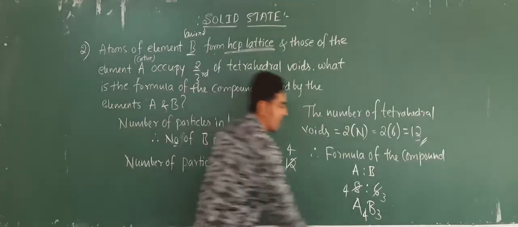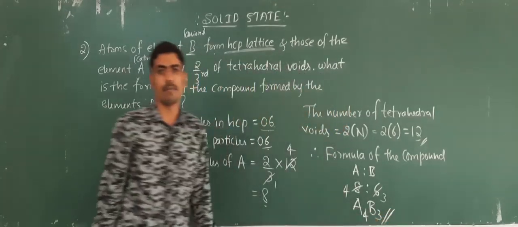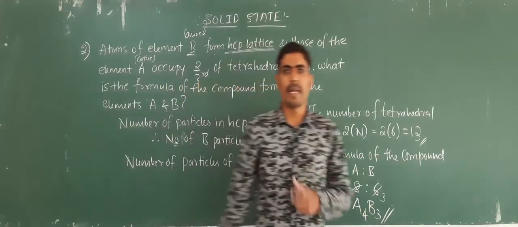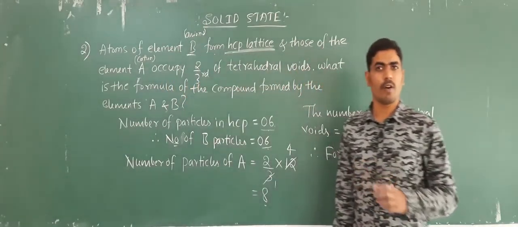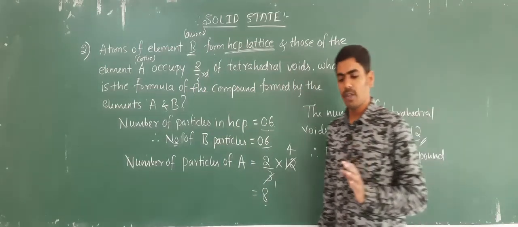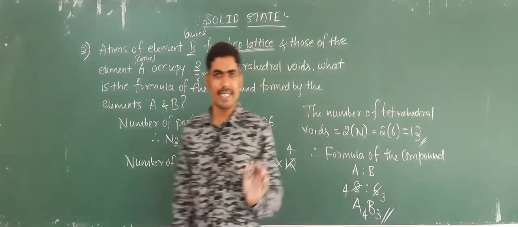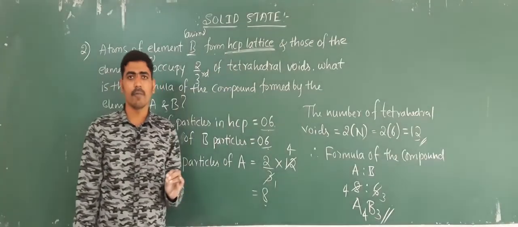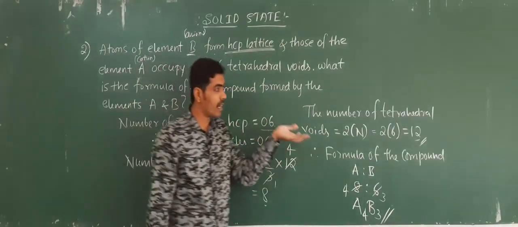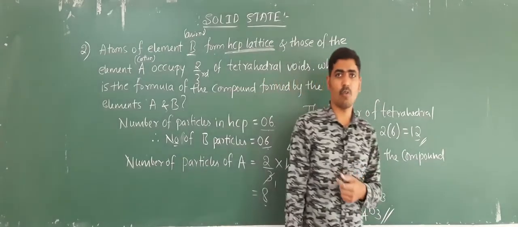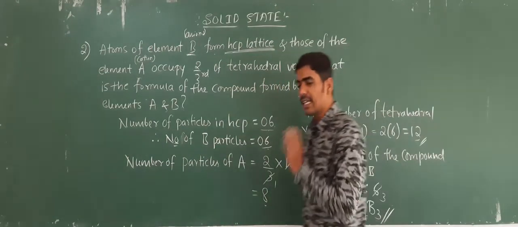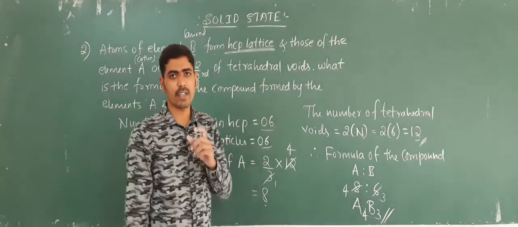This is the formula of the compound. So these are some problems which are based on finding the formula of the compound. If you know the number of particles in SCC, BCC, FCC and HCP, and how many tetrahedral voids and octahedral voids are formed, then you can easily find the formula of the compound.